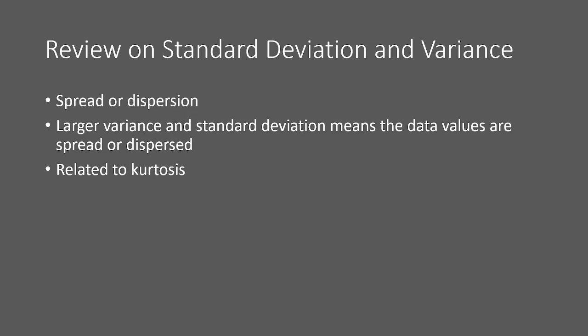This is related to the appearance of our distribution if we create what we call a frequency distribution graph. Using that graph, we can relate standard deviation and variance to our kurtosis.